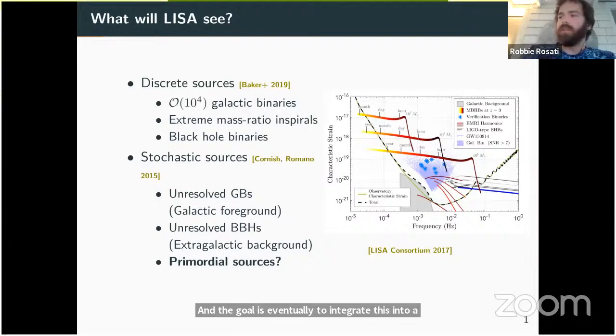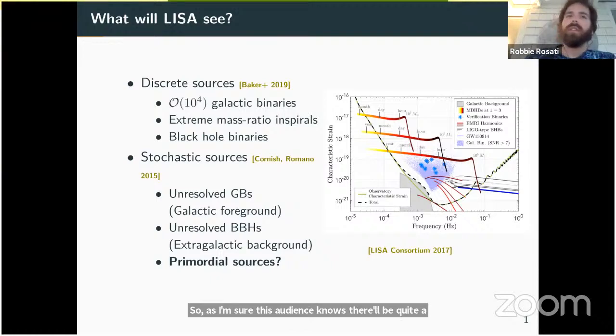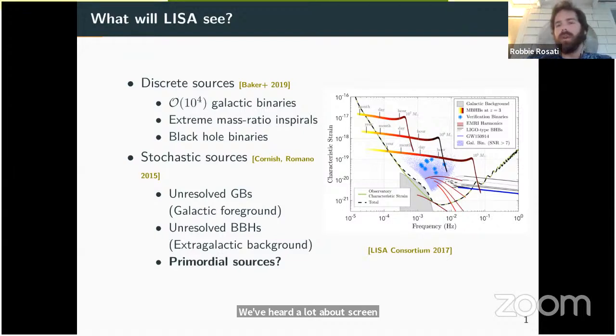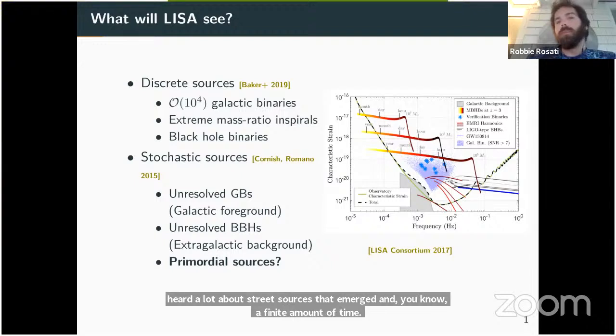So as I'm sure this audience knows, there will be quite a lot of sources in the LISA band. We've heard a lot about discrete sources that emerge in a finite amount of time. But there also might be stochastic sources, which are too indistinct in time or frequency to resolve.